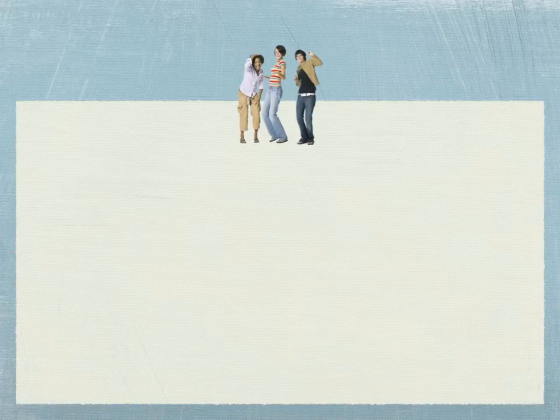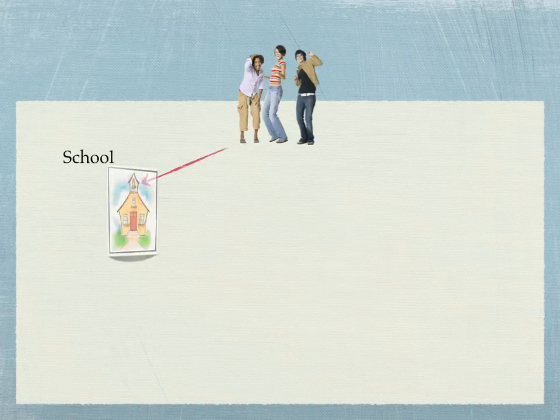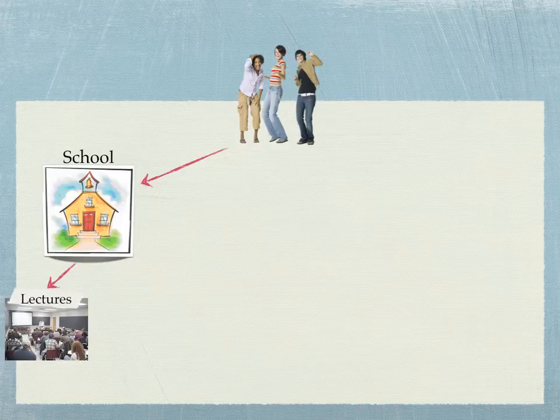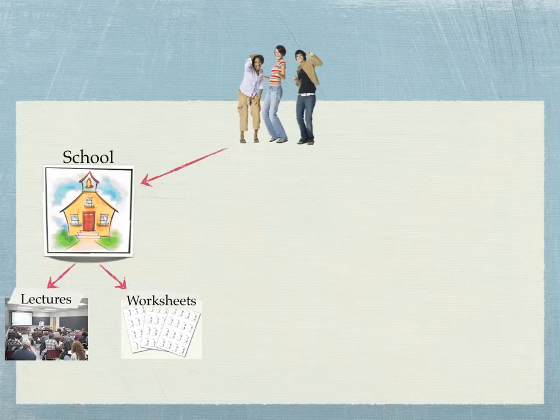So if we think of an average group of students in this day and age, they go to school, and they're probably subjected to lectures and worksheets. This is a typical day in the life of a student going to school, and it hasn't changed more or less in the past few years and a few decades.